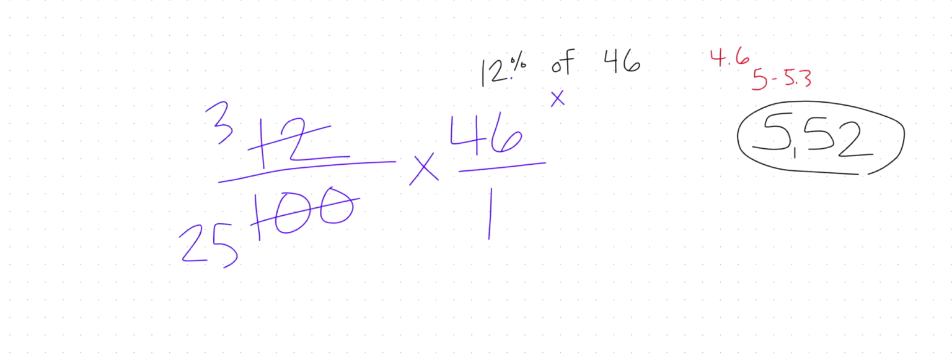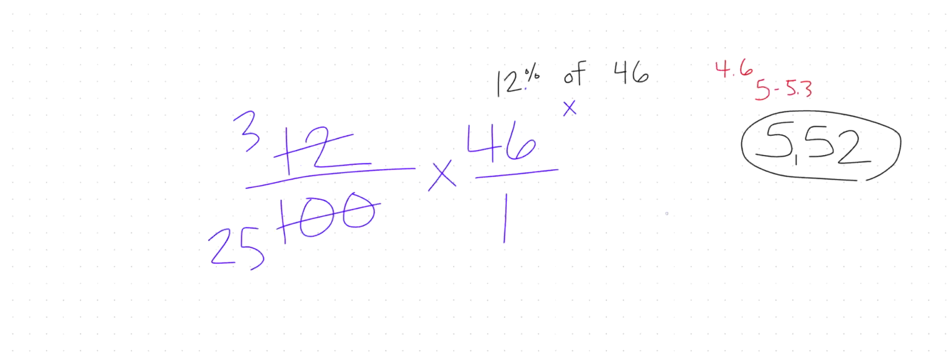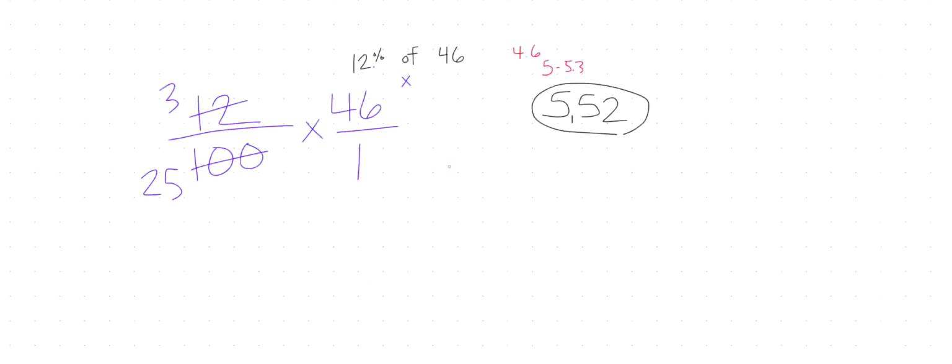So now I have to do 3 times 46. That's kind of a pain to do with long multiplication. I am kind of curious. I'm going to do this another way. Okay, I'm curious what this would look like if instead, let's just do 6/50ths. That way I can do some cross canceling.